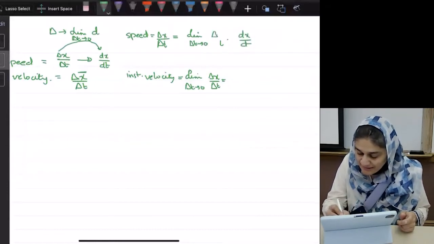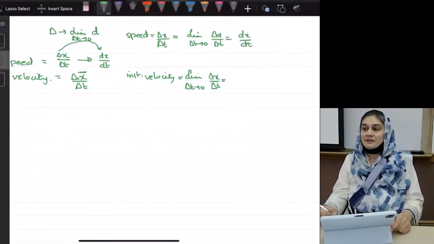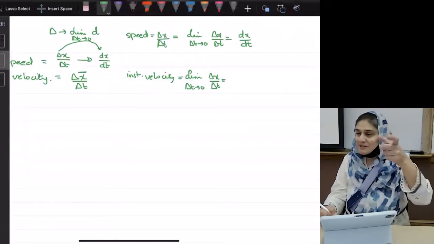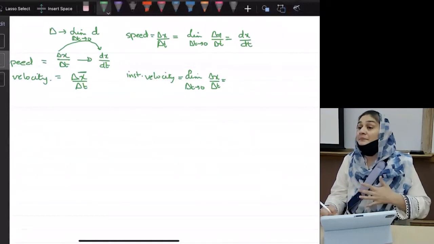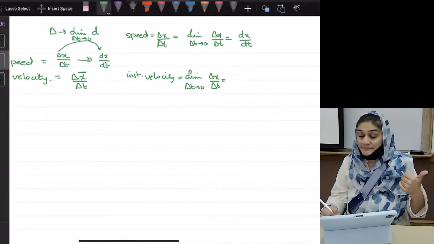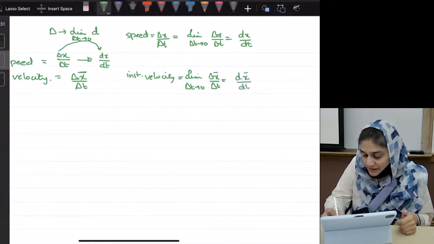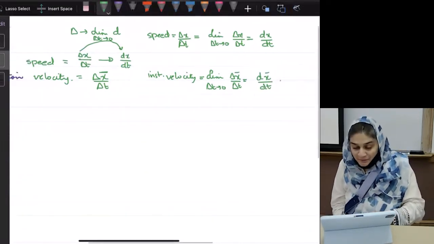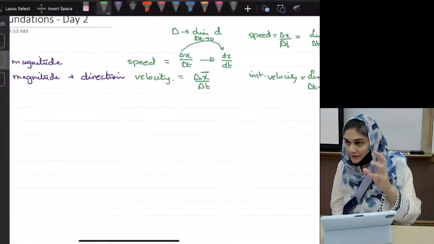So this should be delta x over delta t, and in the limit this is written as dx over dt. So that was me messing up, okay? If you ever see dx over dt written, that means it's in the limit when time is very, very small. Make sense? Same thing here, this will be in the limit for the vector d. Okay, so now everybody got this, right? We're clear on the way we're going to say things.